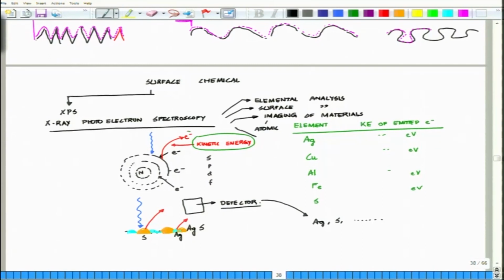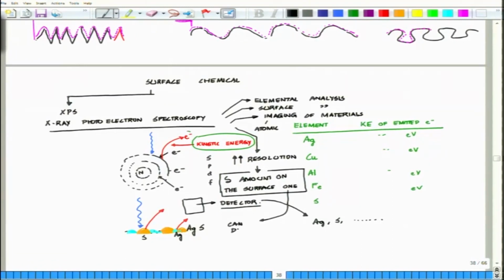And most importantly, it has very, very high resolution in terms of the delta amount on the surface one can detect.